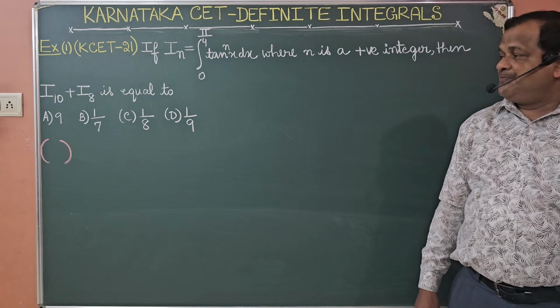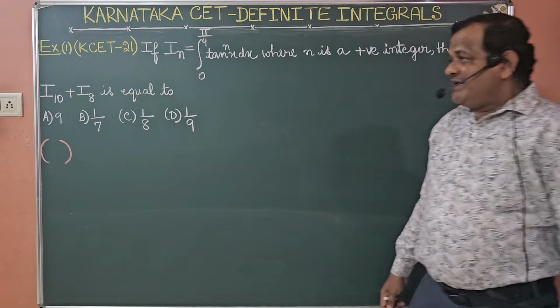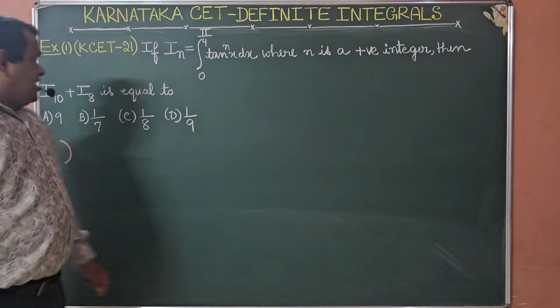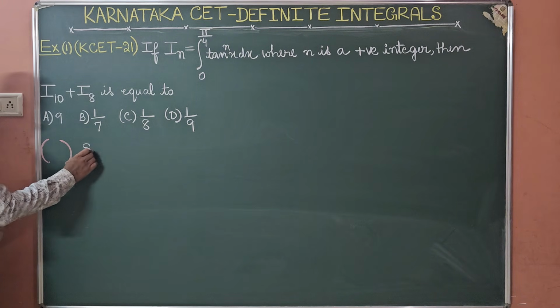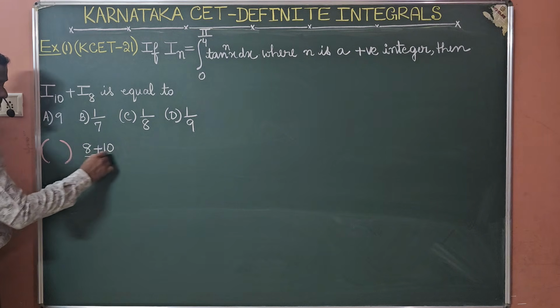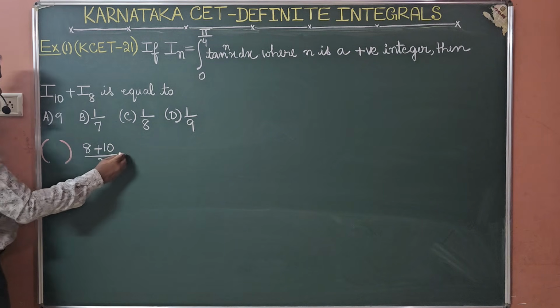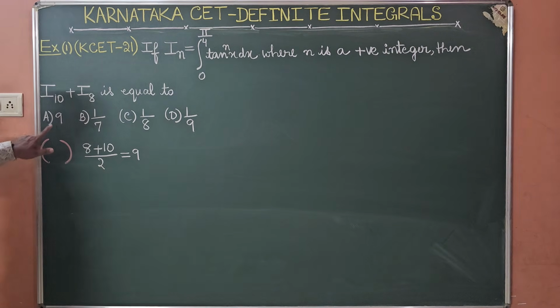Okay, I hope you got the answer. Here, look at the short trick. Suffix 8 we have 8 plus this suffix 10, divide by 2. Therefore, it is 18 by 2, 9. But 9 is not the answer. Don't think option A is correct.